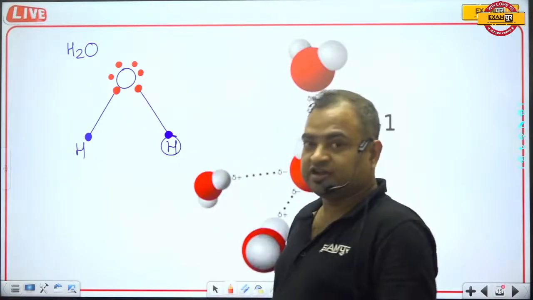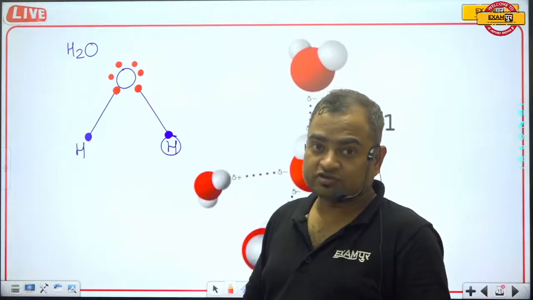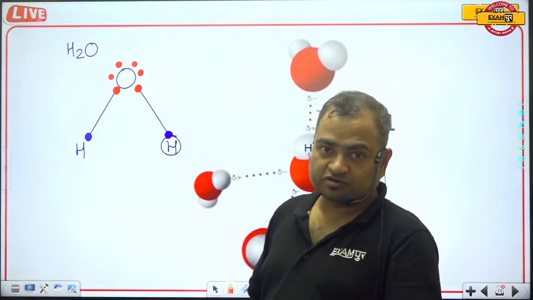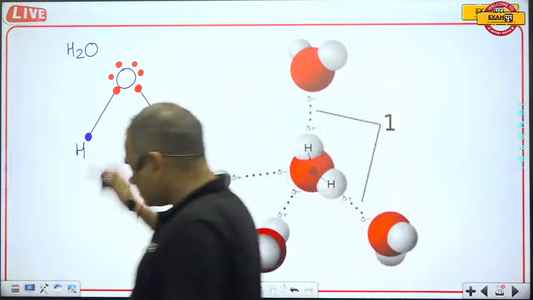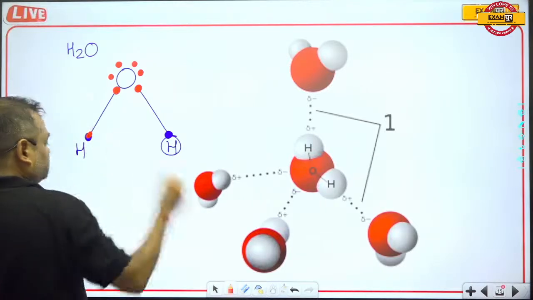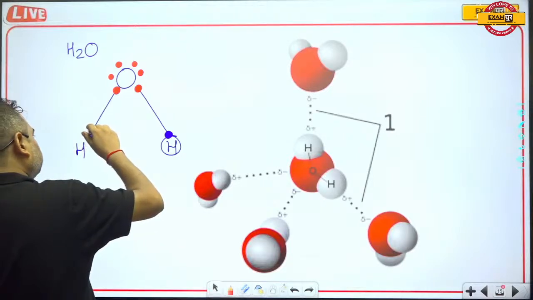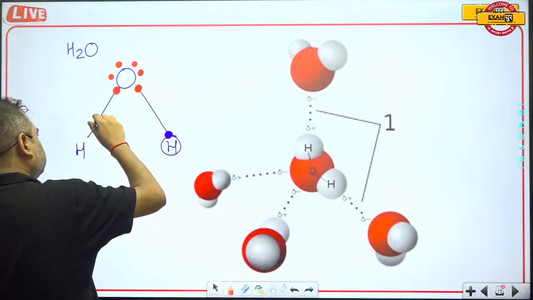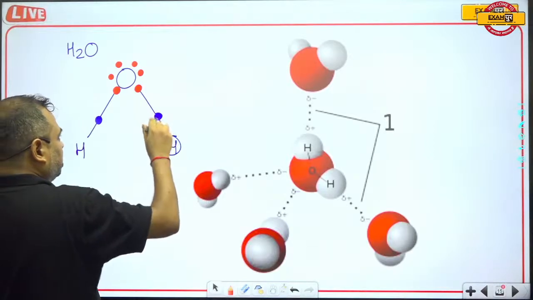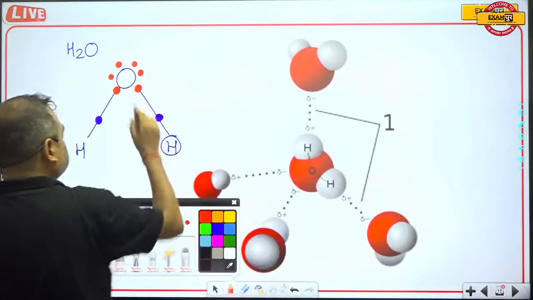Similarly this hydrogen, but hydrogen is very greedy about the electrons, and oxygen is very greedy about the electrons. That's why this oxygen atom withdraws these electrons towards itself, and the electrons shift from the hydrogen to the oxygen.